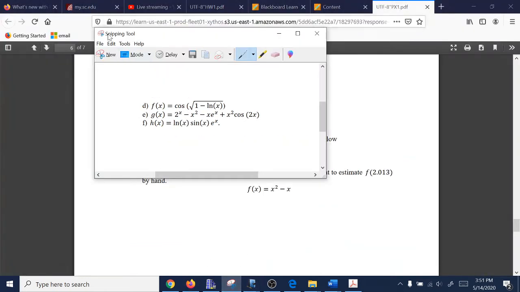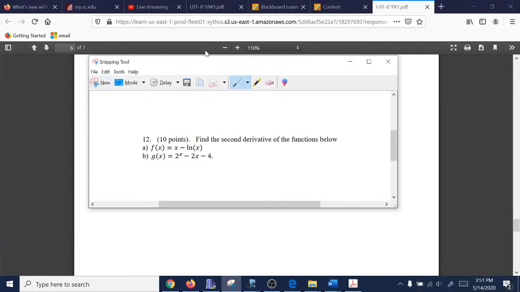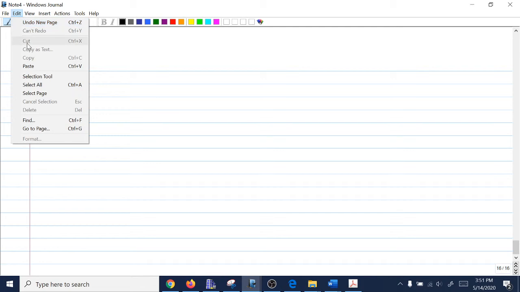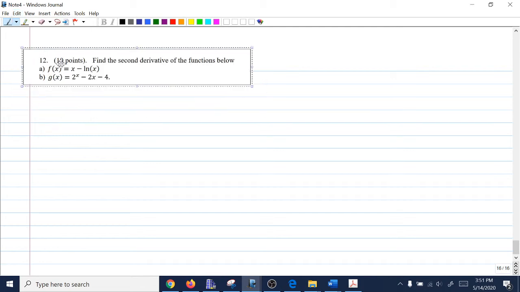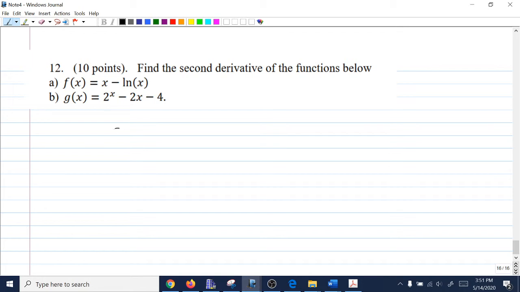Let's find some second derivatives. F prime of x is, derivative of this thing is 1 minus 1 over x.